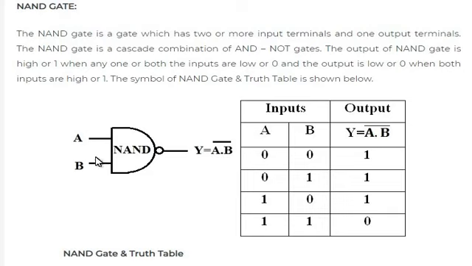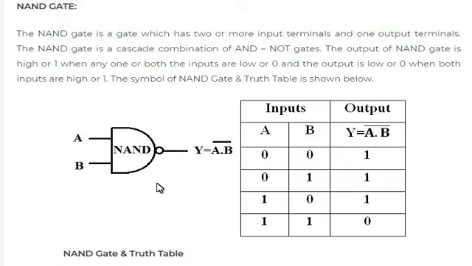At last, if A is equal to 1, B is equal to 1, 1 dot 1, that is the AND gate, and complemented means NOT, so the complement of 1 will be 0. In this way, this truth table summarizes the function of the NAND gate.